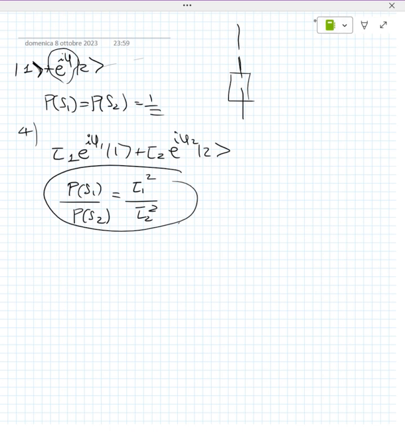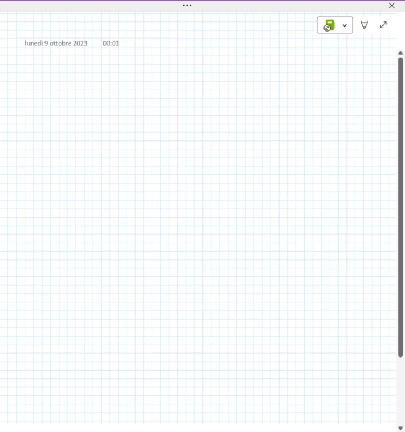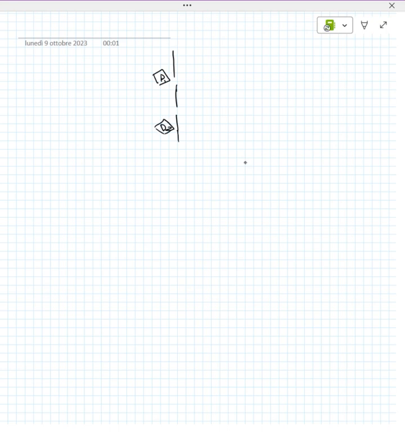Okay, now we'll open a new page. We said that we were asking two questions to our experiment. The first one was at which point of the plate the photon arrives, and the second was through which slit the photon passes. Imagine having detectors D1 and D2, and the photon in a state like this.